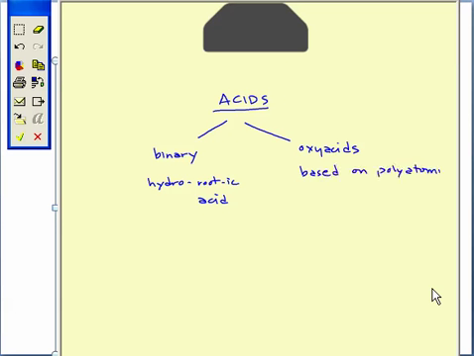And what we do is -ic and -ate are the relationship between the polyatomic ion and the acids: -ate in the polyatomic ion, -ic in the acid, and then -ous and -ite. And like the binary acids, the name ends in acid.